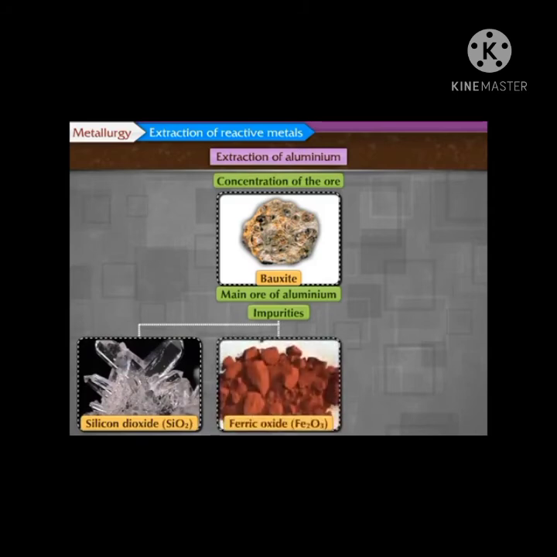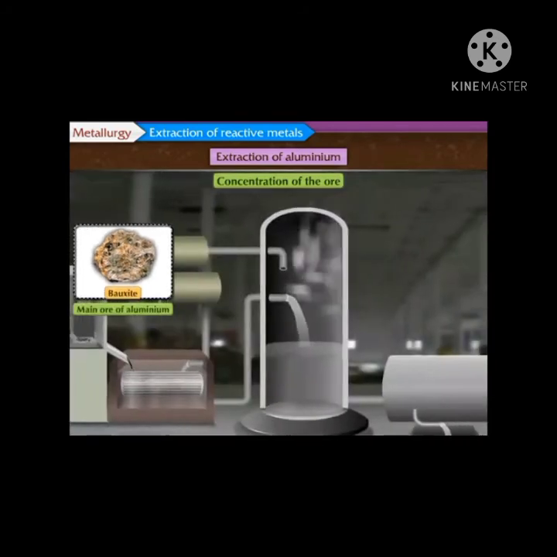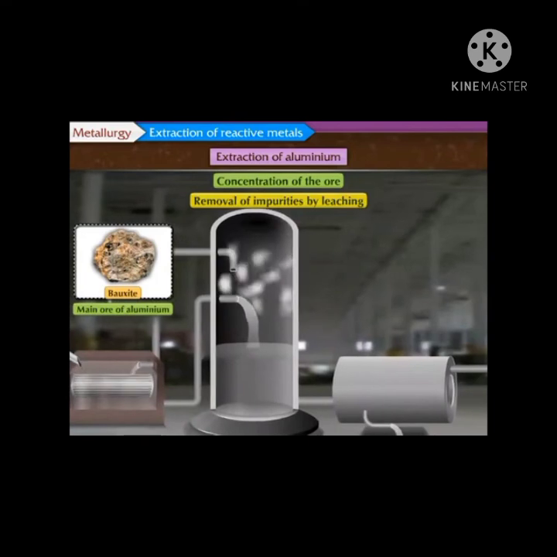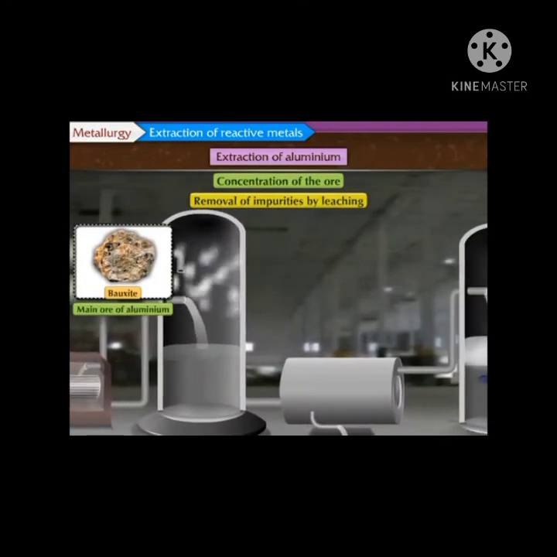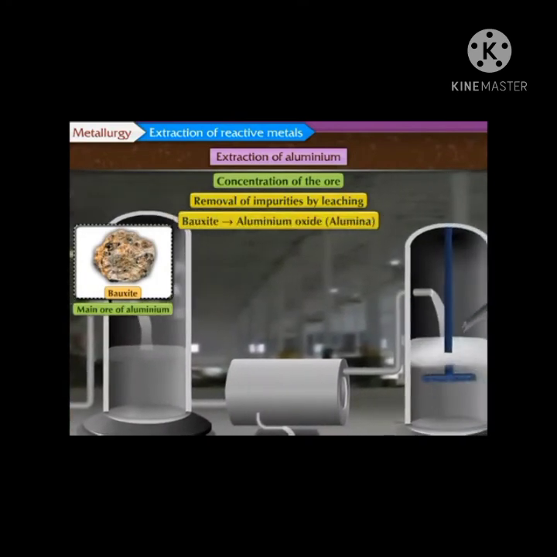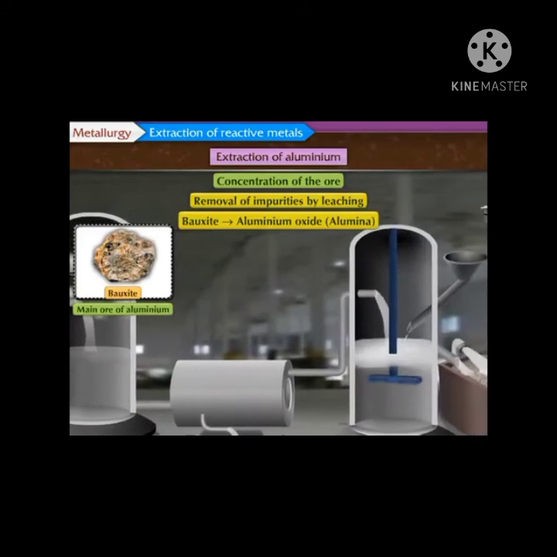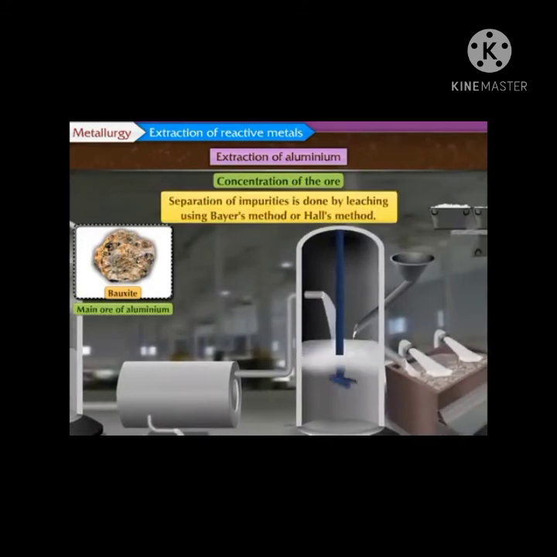The concentration of the ore involves the separation of these impurities by leaching and conversion of the bauxite into pure aluminium oxide or alumina. The process used here is called Bayer's process or Hall's process.